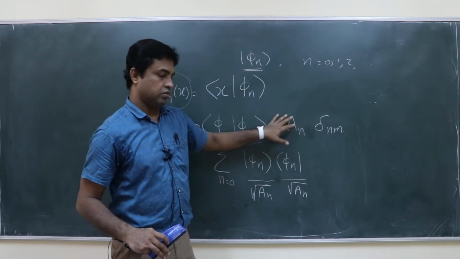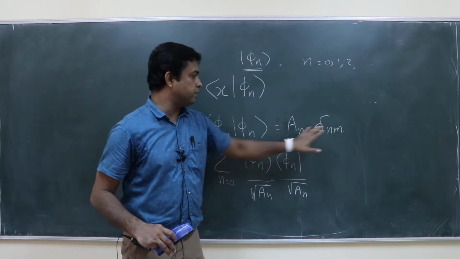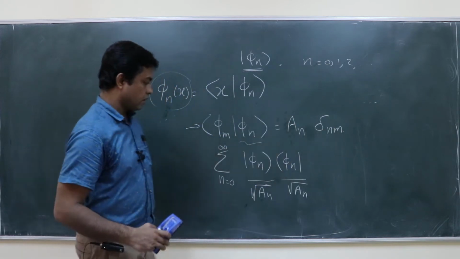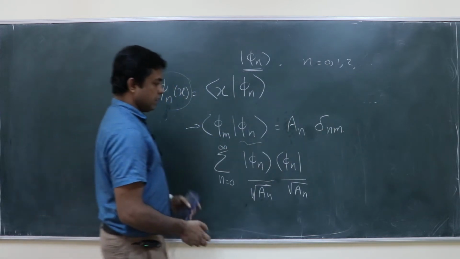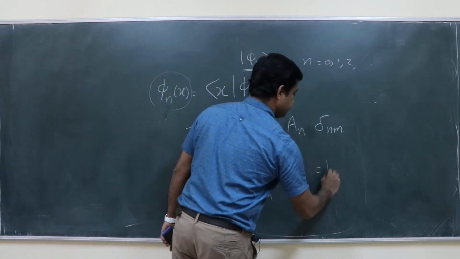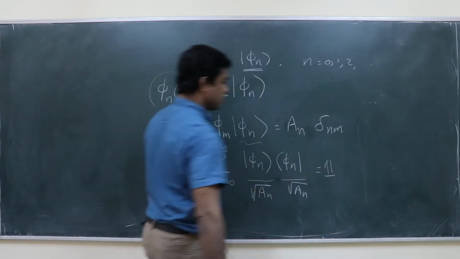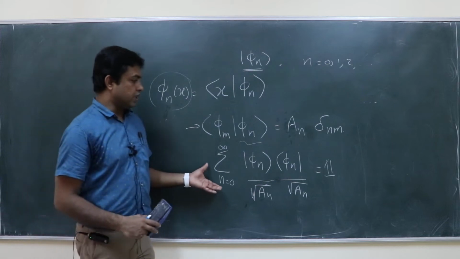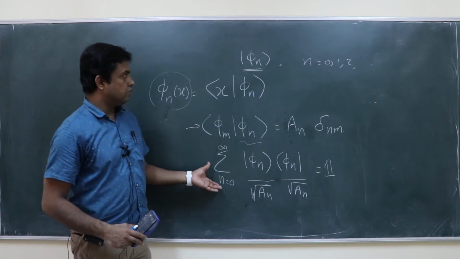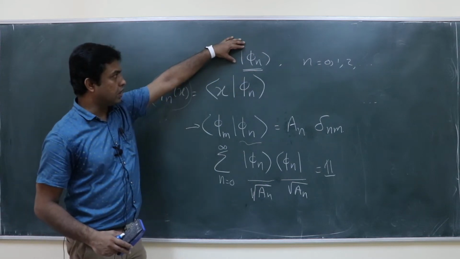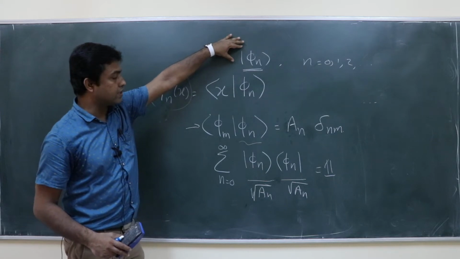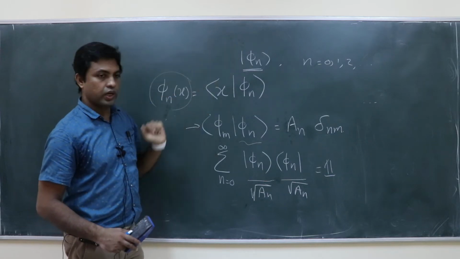So there is no coefficient. When n is equal to m, there is one a n. So this is equal to identity. This is the completeness relation for these vectors ket phi n. This is the orthogonality relation.